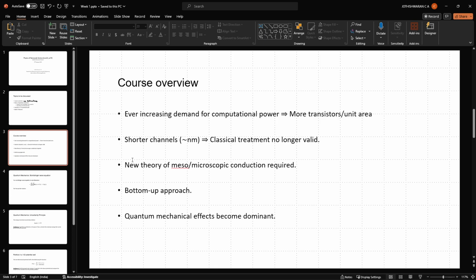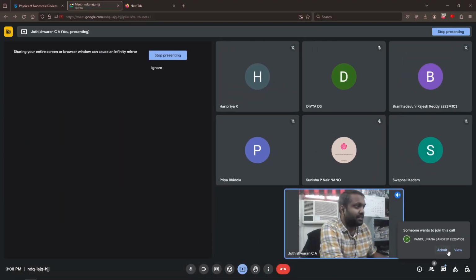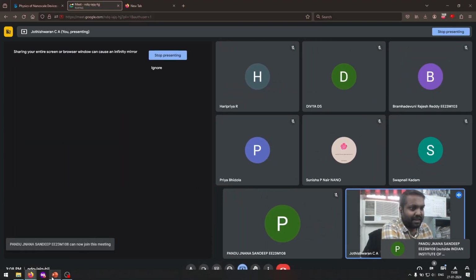When we consider short channel devices where the channel length is of the order of nanometers, the classical treatment is no longer valid. Essentially, this means the theory of electronics that we have, where we consider p-type and n-type materials and then consider their junctions and their properties and behavior in order to study devices such as diodes and transistors, is no longer valid.